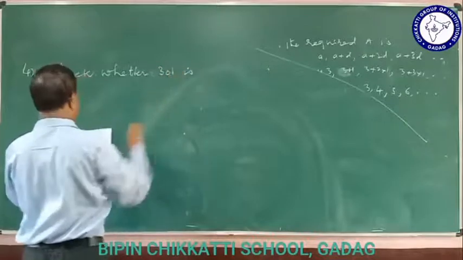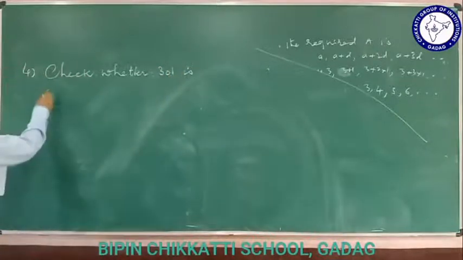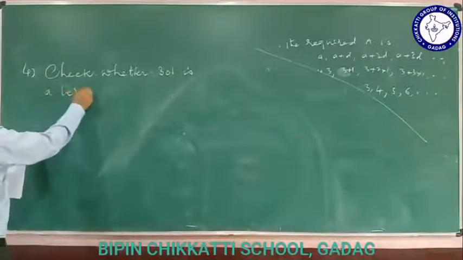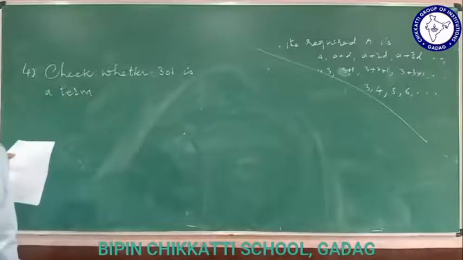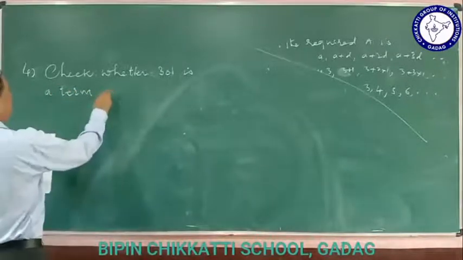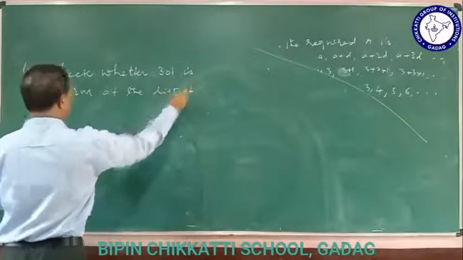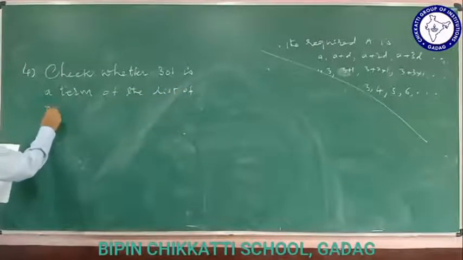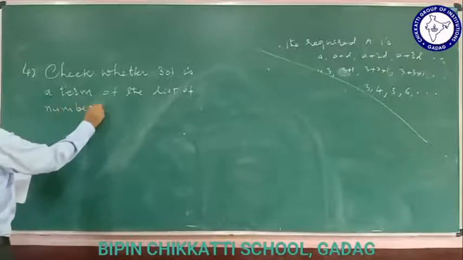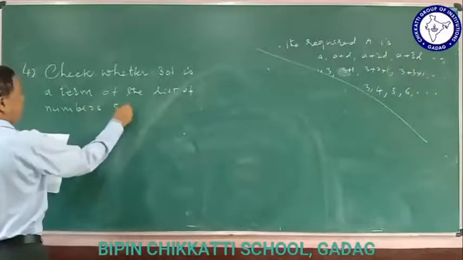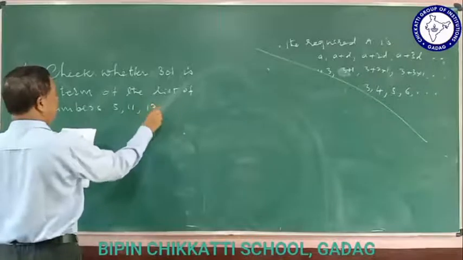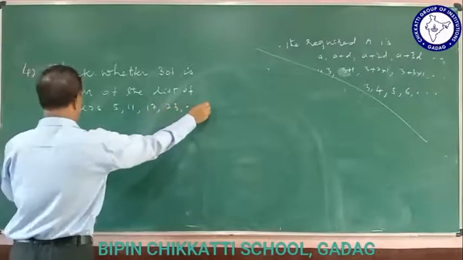301 is a term of the list of numbers 5, 11, 17, 23. It is given.